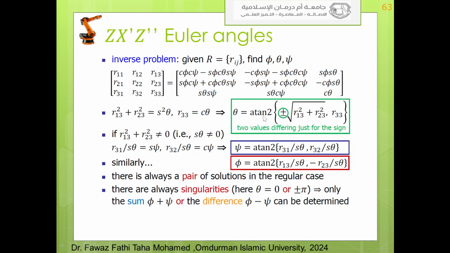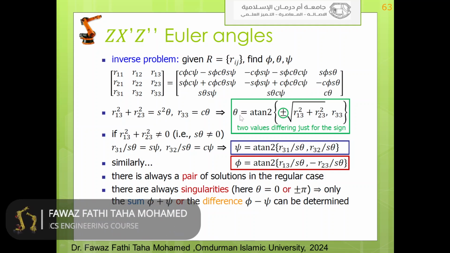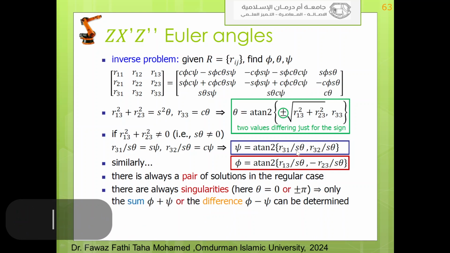It is like tan inverse, but with atan2 you will find exactly the angle of theta, if this term is not equal to 0, meaning if the sine is not equal to 0, because here we make a division by sine theta.